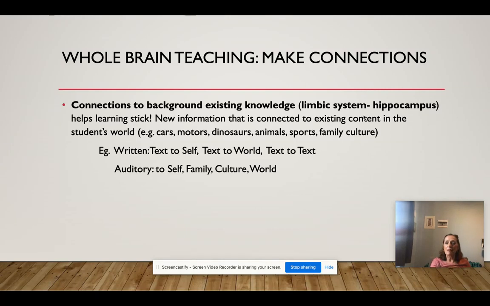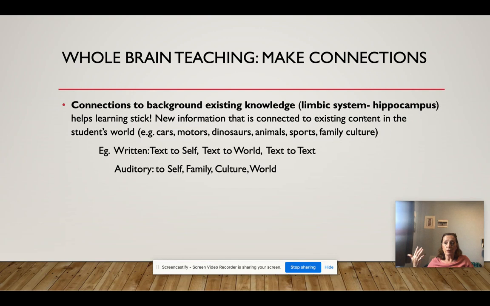And we have written stuff when we're making connections. It could be written, like text to ourselves. When we're reading something, we might relate it to something in our own lives, or text to world, something in the world that we're aware of, or something that we've previously read, text to text.